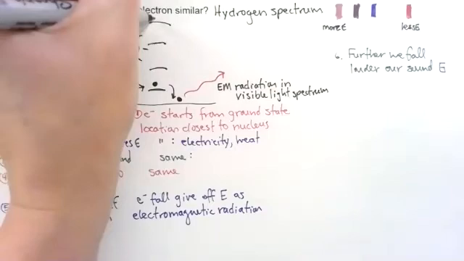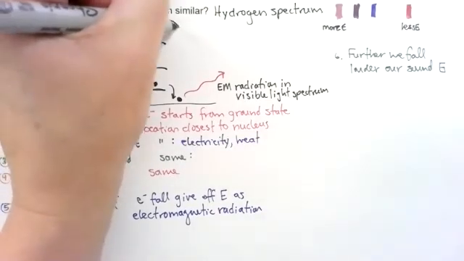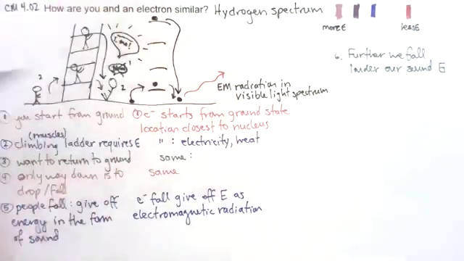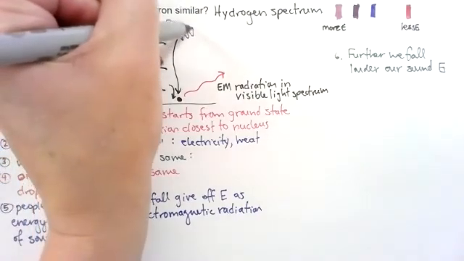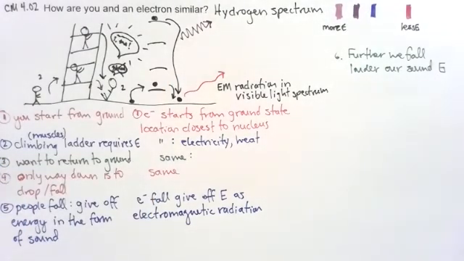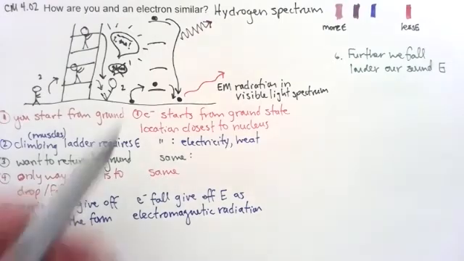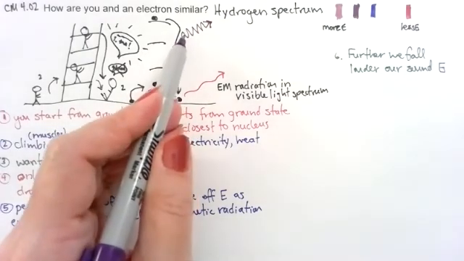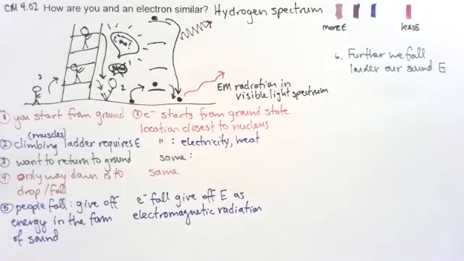So if I take an electron and I fall from here, that's a lot further fall. It can't yell louder, but can it give off higher energy electromagnetic radiation? Sure can. Hey, check that out. Purple, that's higher energy.